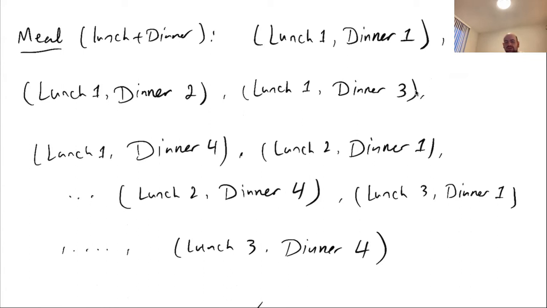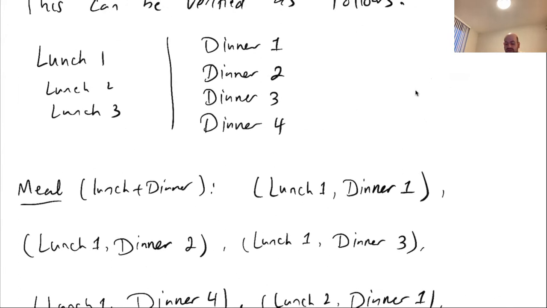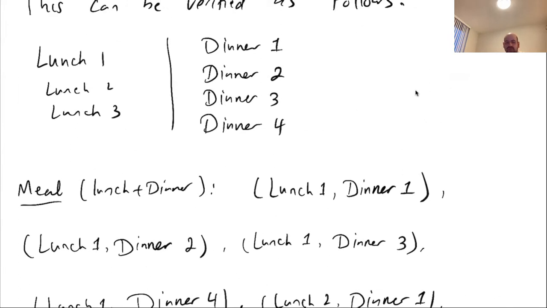And the question was, how many of such pairs we have? And the answer was the number of elements in A1, which means number of lunches, times number of elements in A2, which means number of dinners.